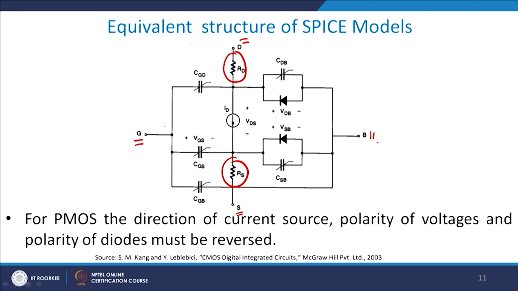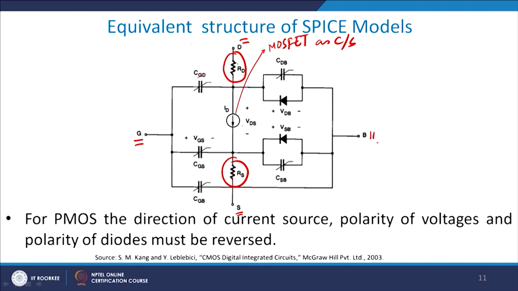So, there are 4 terminals, out of which these 2 take care of RS and RD. This ID is nothing but the MOSFET behaving as a current source. Remember, the MOSFET is basically a voltage controlled current source, and therefore the gate side voltage is my controlling voltage, and this gives you the resistance available here.